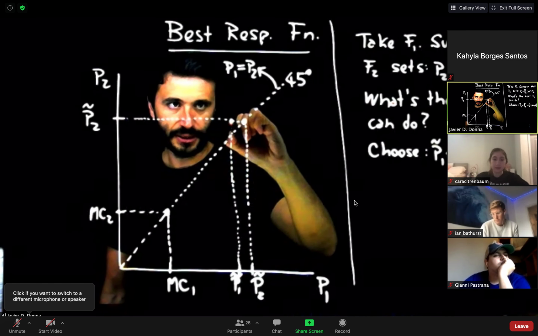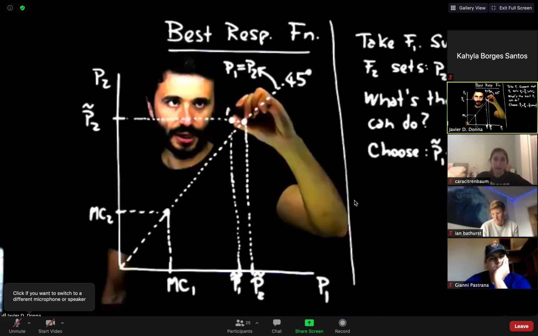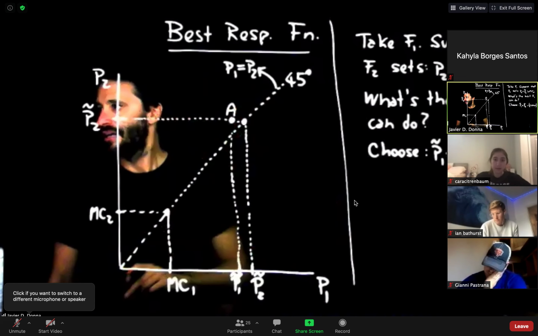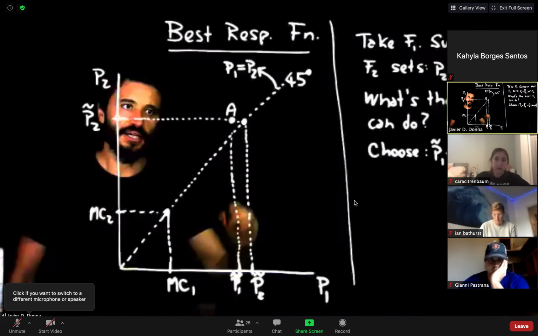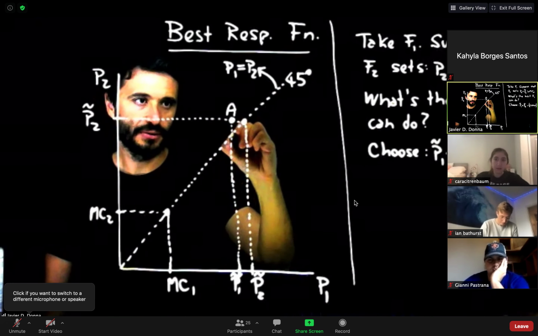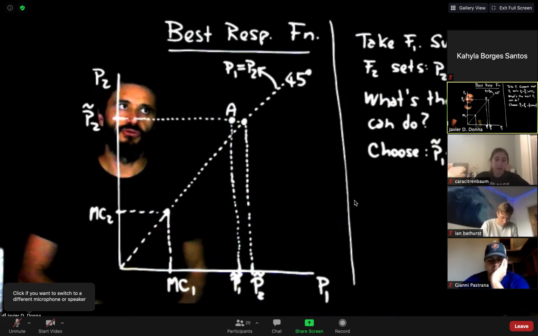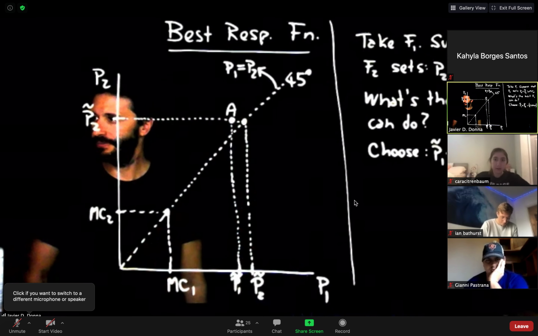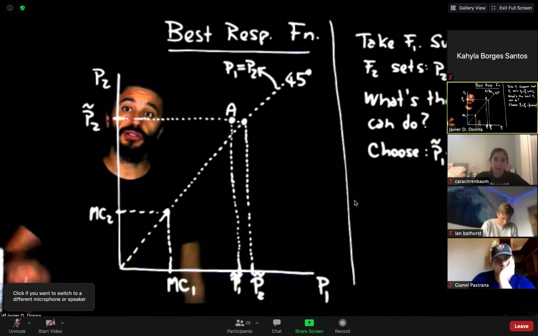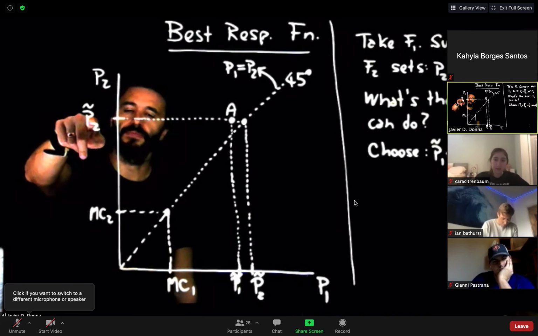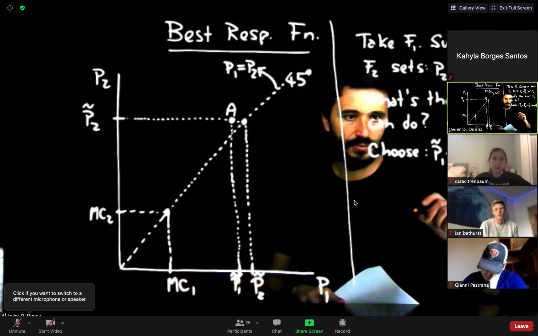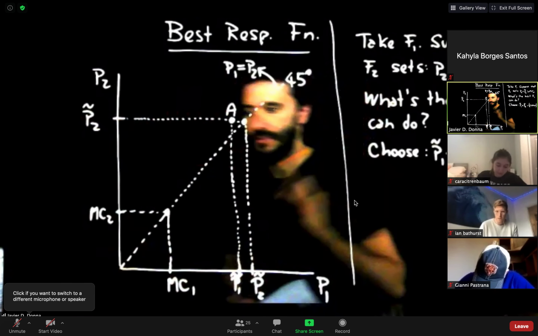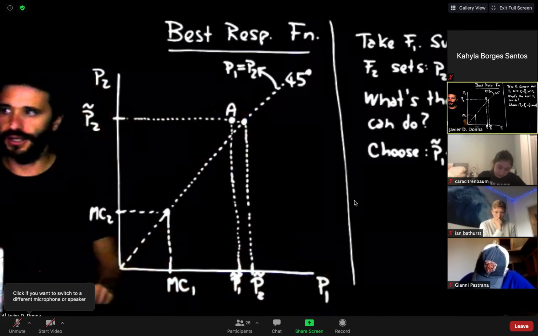So they intersect at this point, so let's call this point A. That point A is one point in the best response function of firm 1. It's the best response to that price. Is that clear?